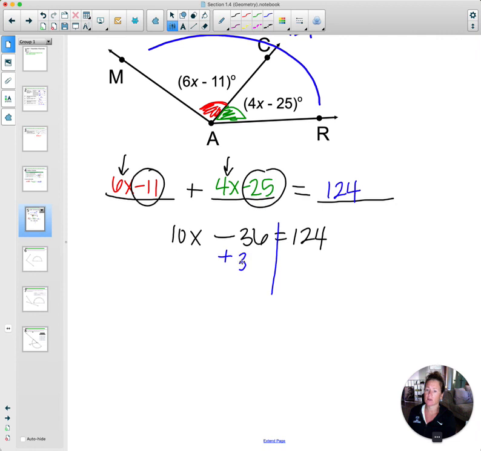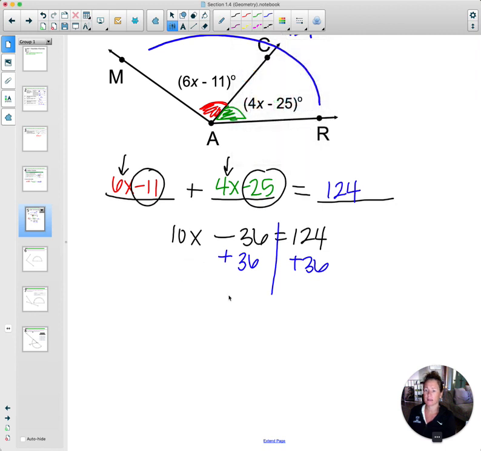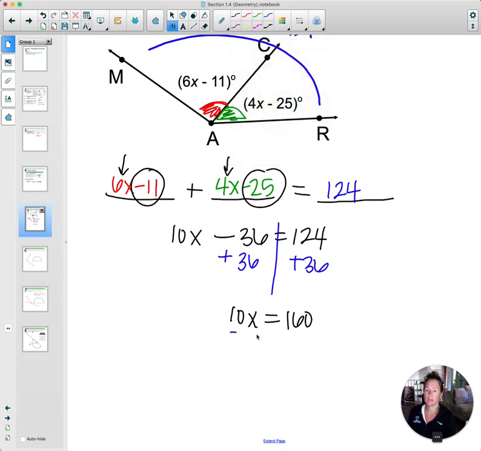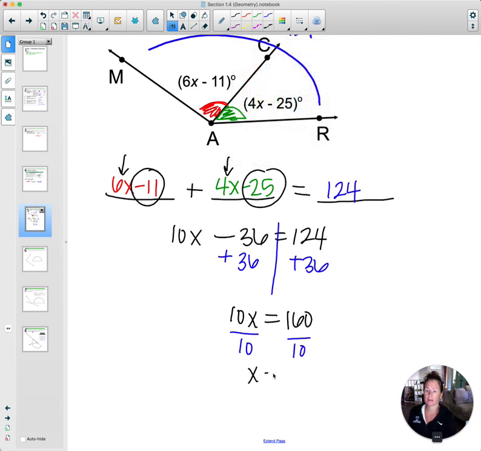It's the negative 36. So we'll add 36 to both sides to get the 10x by itself, because negative 36 and positive 36 is 0. 124 plus 36 is 160. Divide by 10 to get x by itself, and we will get x equals 16.